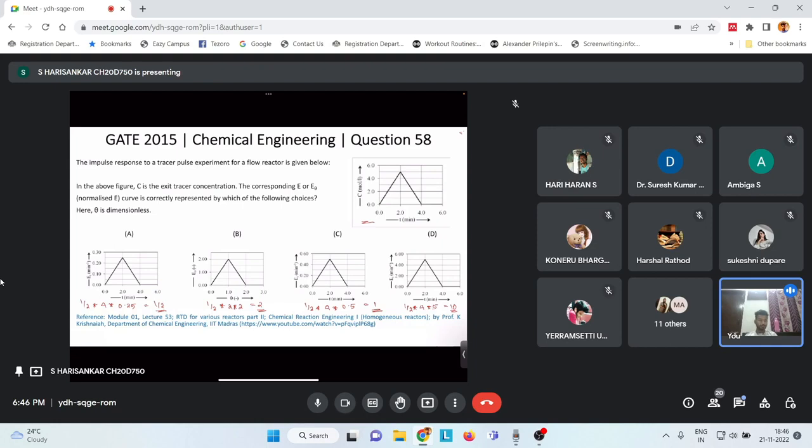And not just for this situation, for any reactor, the area under your E curve should always be 1. That is what we tried to find here. We found the areas of the different RTD curves that were given to us, and the curve whose area was 1 is our correct option, and here that option is option C.